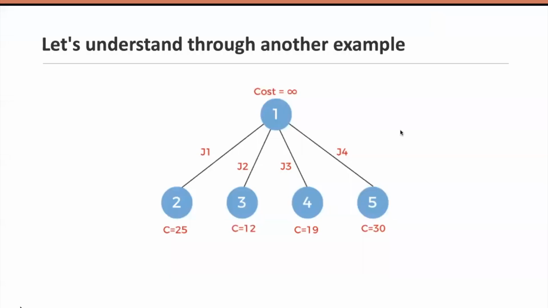So another way we can solve the branch and bound problem and explore the state space tree is called the least cost method. Let us consider node 1, which has a cost of infinity, and we can expand the node into J1, J2, J3, and J4, and each node has a cost, right?